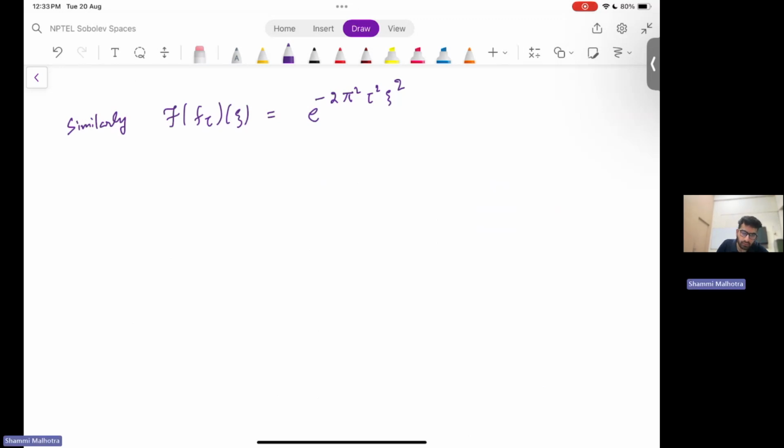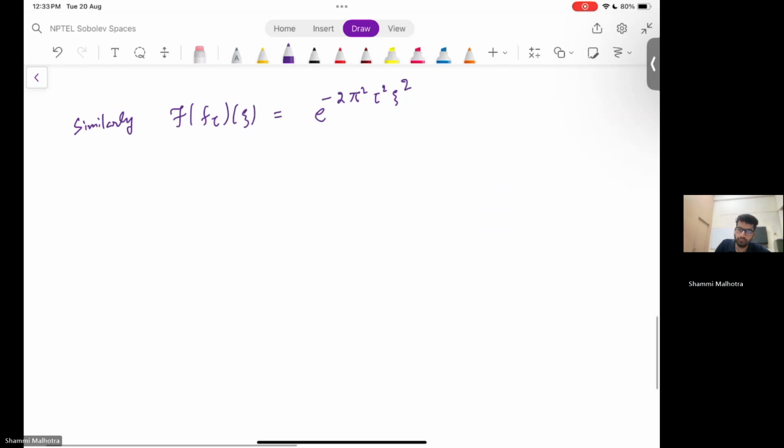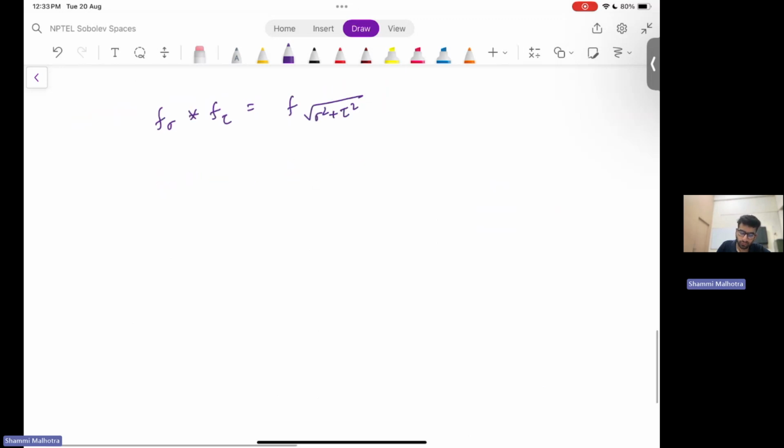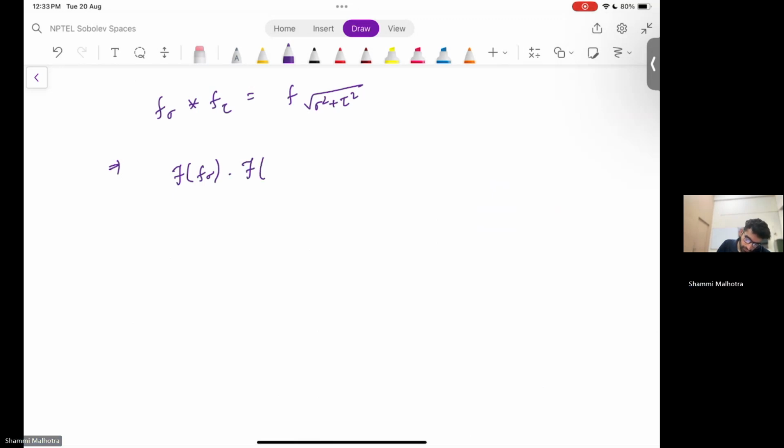If we have to show that f sigma convolution with f tau is equal to f of square root of sigma square plus tau square, then taking the Fourier transformation on both sides, this will give the Fourier transformation of f sigma multiplied with the Fourier transformation of f tau, and this whole equals the Fourier transformation of f of square root of sigma square plus tau square.